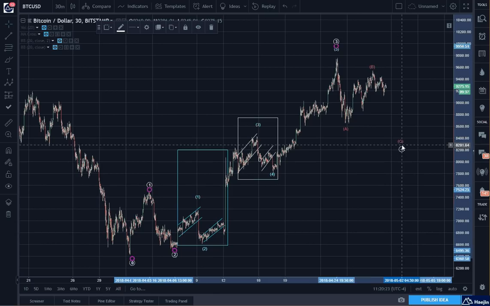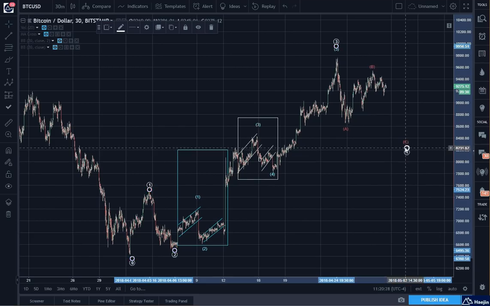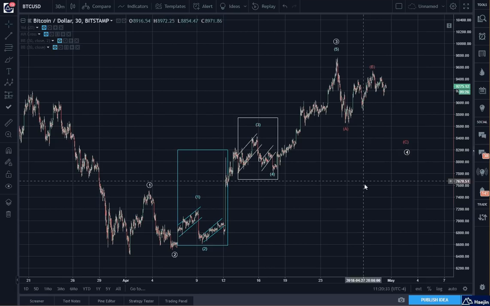And 4 will come down here. So we had this before, and now we are back to this. And I think it's very interesting.